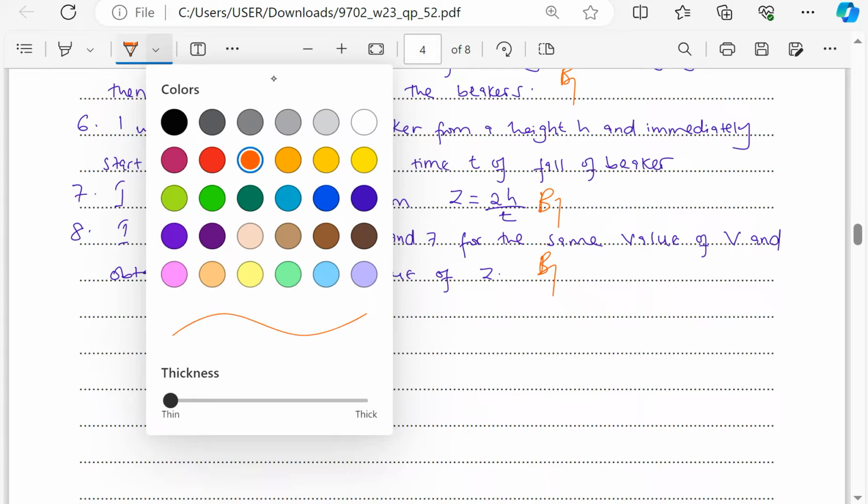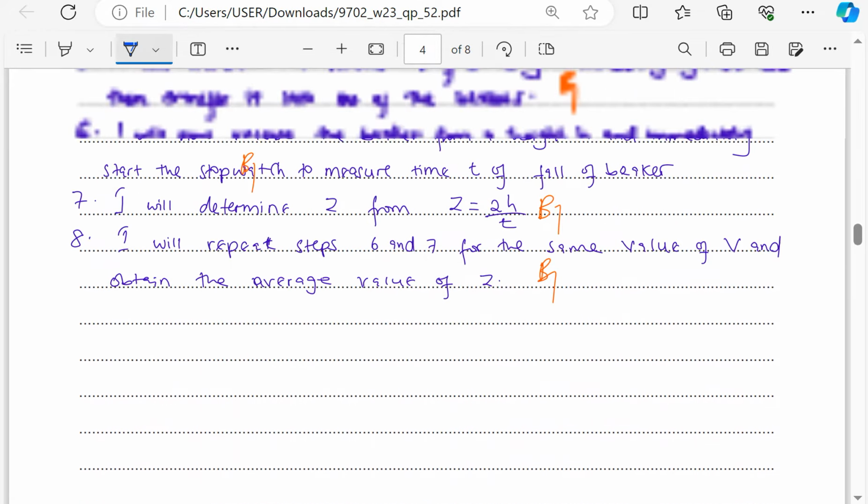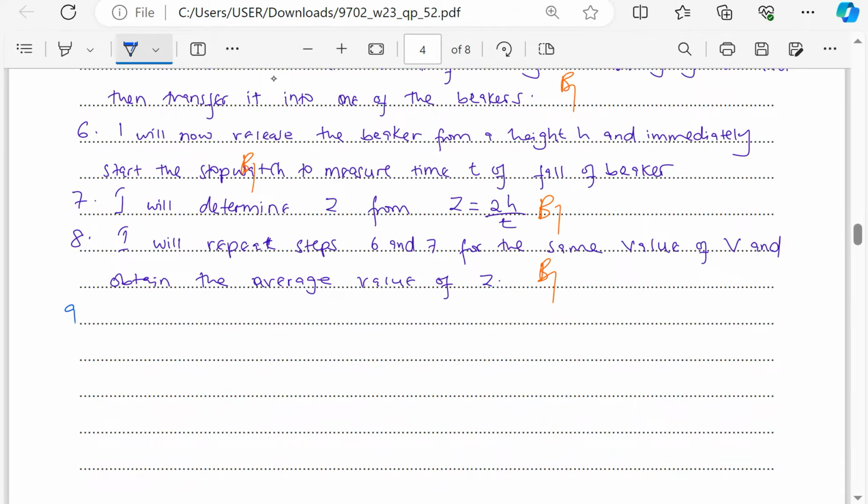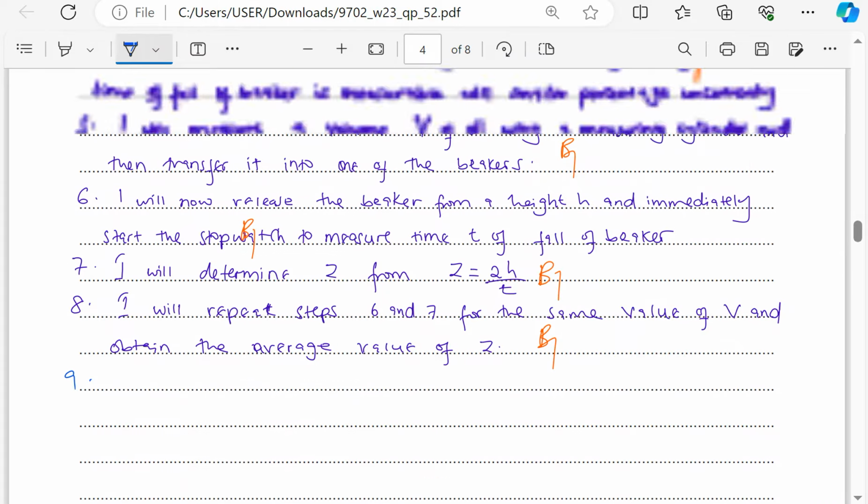Okay, so all along I have been recording data for just one attempt. So I now have to get 6 sets of results. Which steps should I repeat here?